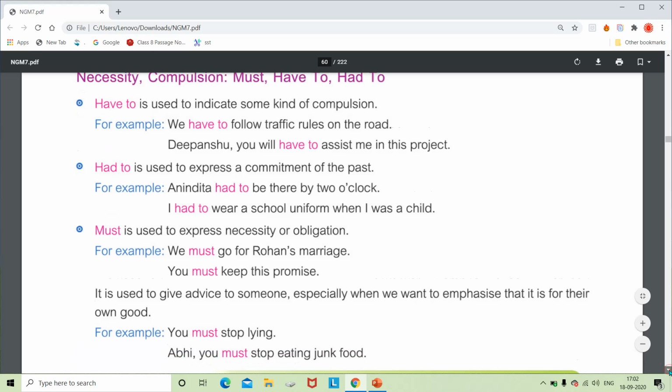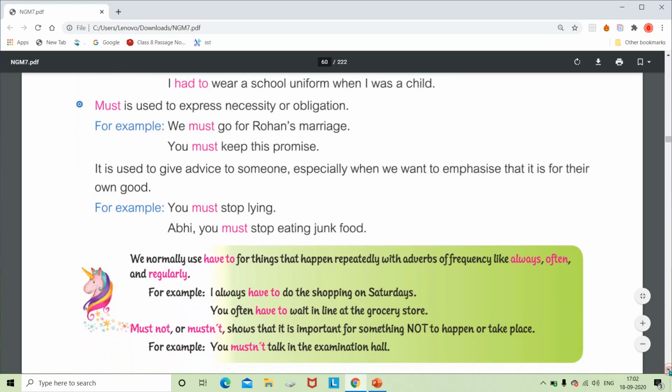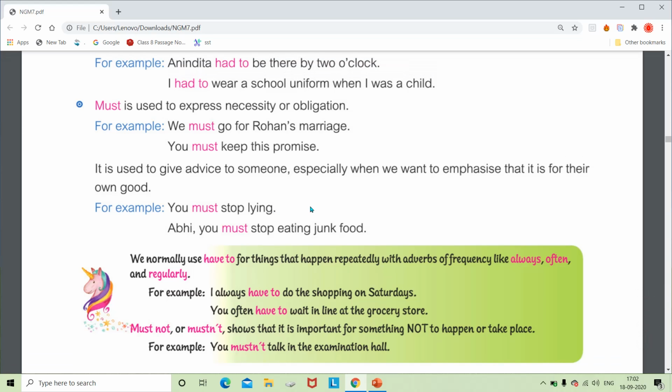When we are advising someone and when the advice is for their own good, we have to use must, like you must stop lying because in the future it would prove to be a wrong thing, you may regret lying, you may have to face some bad result for that. So here we are using must for advising people, especially when we want to say that it is good for you only. If you do so, it would prove a good action for you.